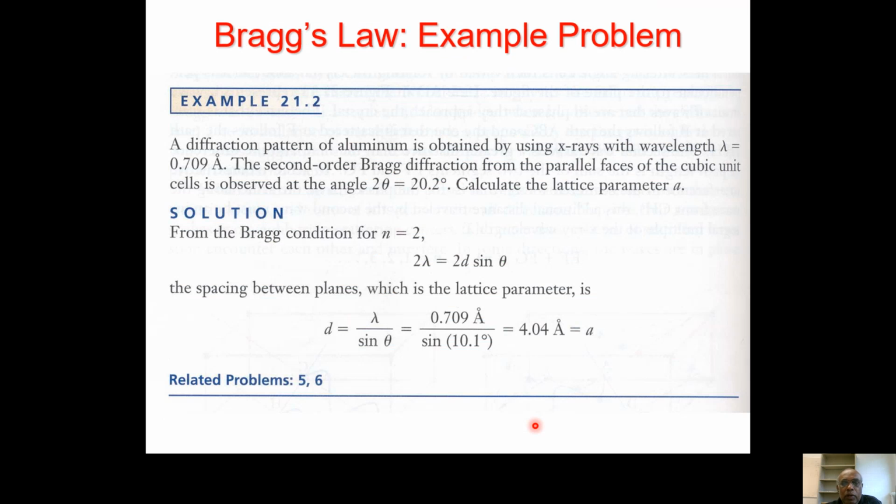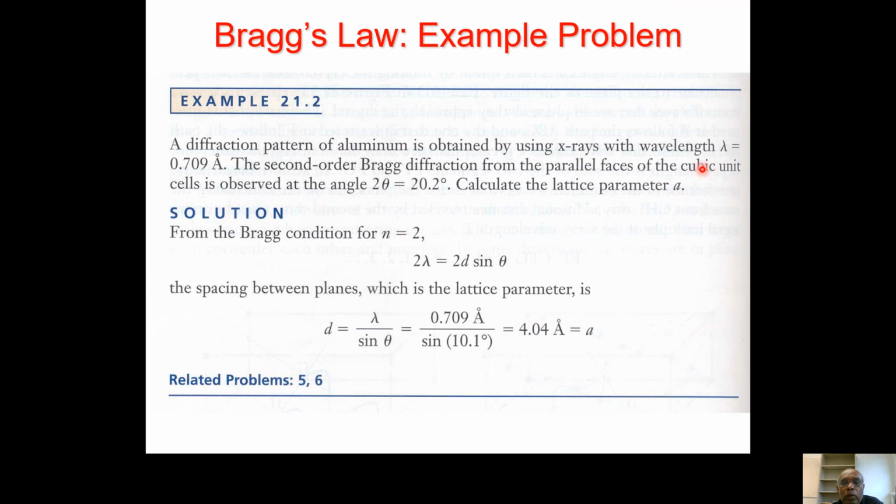If you take one simple example, say you have a diffraction pattern from X-rays from aluminum, with lambda about 0.7 angstrom. Second order diffraction, so that means your n is 2 here, right? With the cubic cell, everybody is familiar with the cubic lattice, we'll talk about that later. You see that diffraction peak happening at 2 theta equals 20.2 degrees.